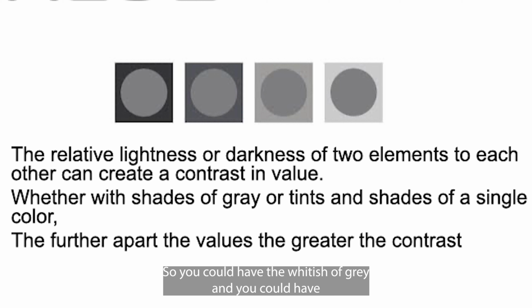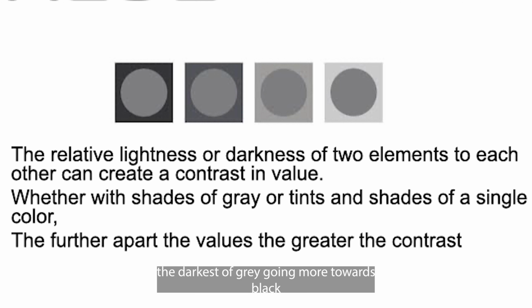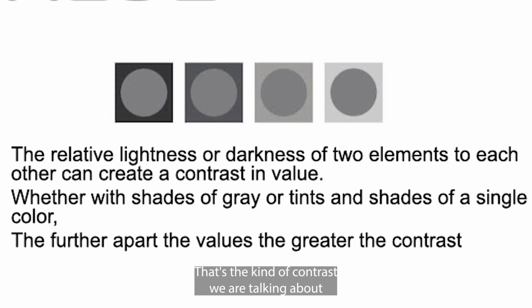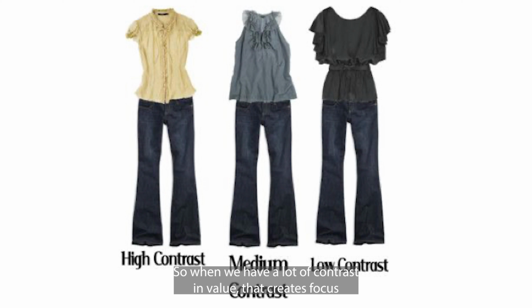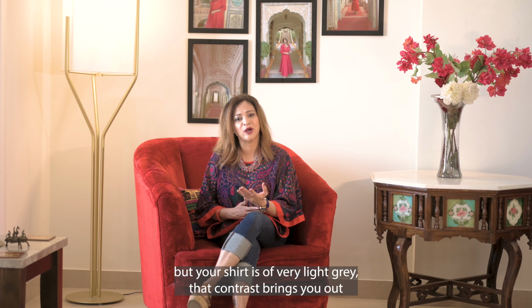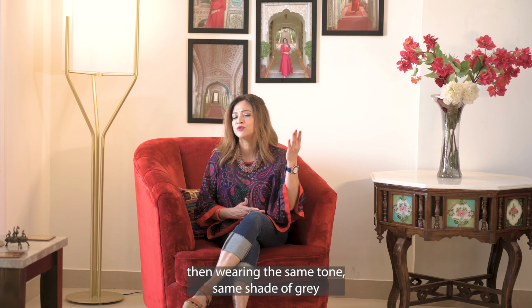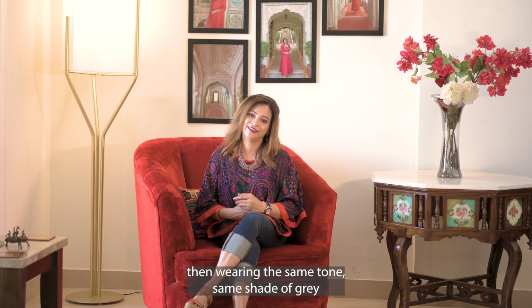So you could have the whitish of grey and you could have the darkest of grey going more towards black. That's the kind of contrast we are talking about. So when we have a lot of contrast in value, that creates focus. For example, when you wear a grey suit but your shirt is a very light grey, that contrast brings you out. Then wearing the same tone, the same shade of grey.